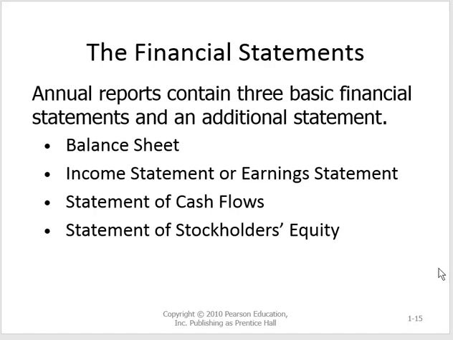There is a statement of cash flows that talks about the cash position of the company. The decisions that have been made throughout the year are broken down into some component parts. Of course, we'll talk about those. And then in the end, there is something referred to as the statement of stockholder equity that just better describes the owner's position in the company itself.